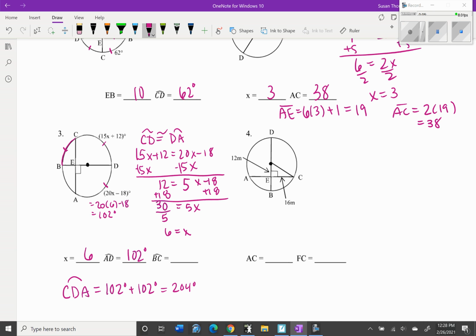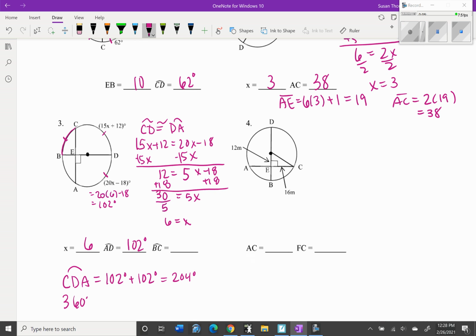And we know that there are 360 degrees in a circle. So 360 degrees minus 204 degrees gives us 156 degrees, and that would be for arc CBA's measure.